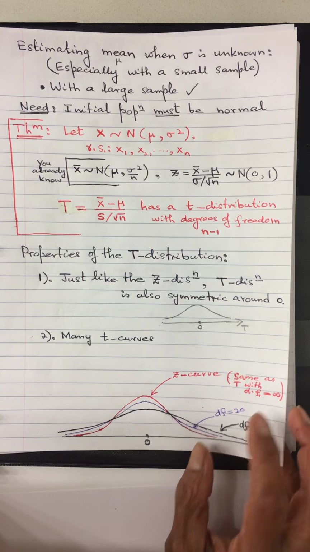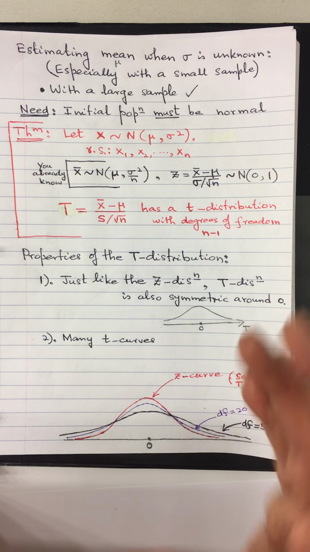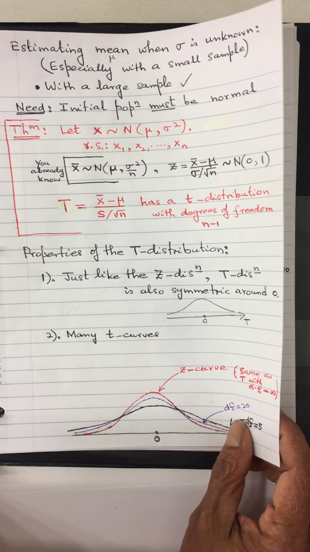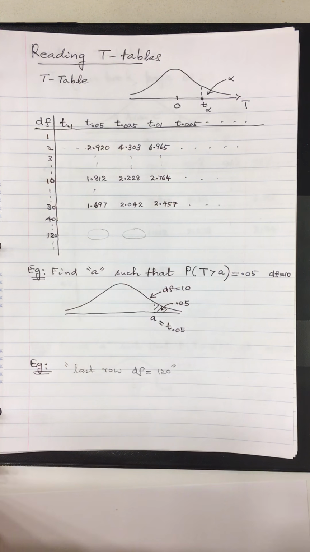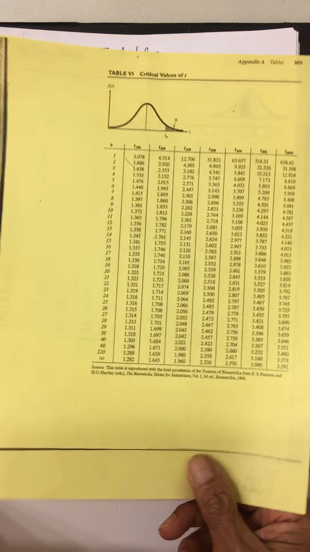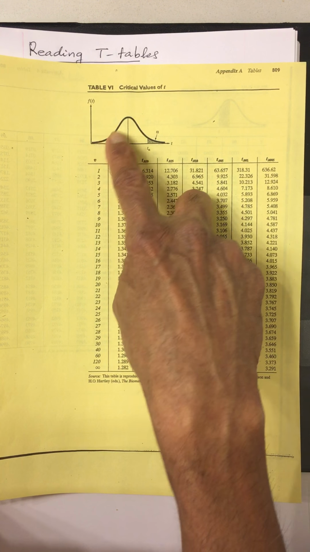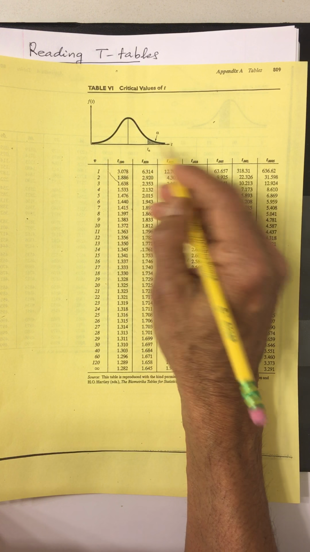Just like the z curve, there are tables. In any statistics book, at the end or in the beginning, you have the t table, just like the z table. Now I'm going to show you how to read those t tables. In your book, the t table is towards the end. This is different from the z table.